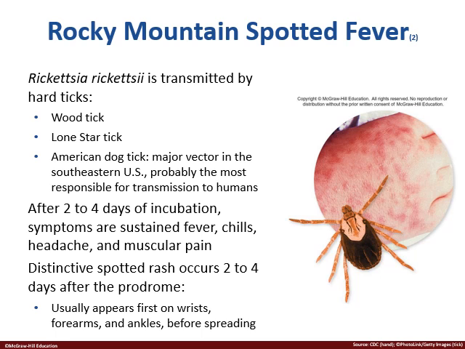So it starts at the extremities and then may spread to the trunk. This is much different than if you think back to the skin chapter when we were talking those rashes that are primarily skin, where they start head to trunk, trunk to extremities. Here it's extremities to the trunk.